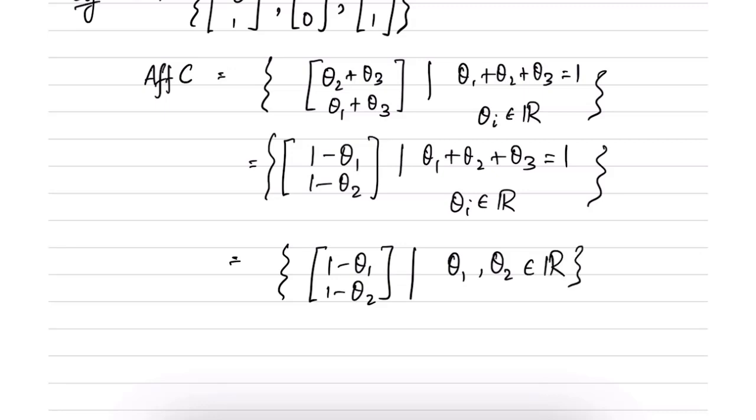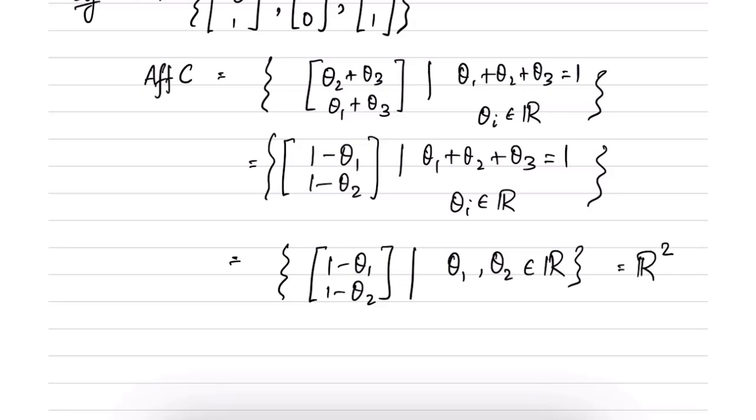So what is this set? Note that theta 1, theta 2 are arbitrary. Therefore 1 minus theta 1 and 1 minus theta 2 are also arbitrary, which means that the first point spans the entire real line. The second point can also be an arbitrary point in the real line, and therefore this set, whose first and second points can be arbitrary real numbers, is precisely R2.